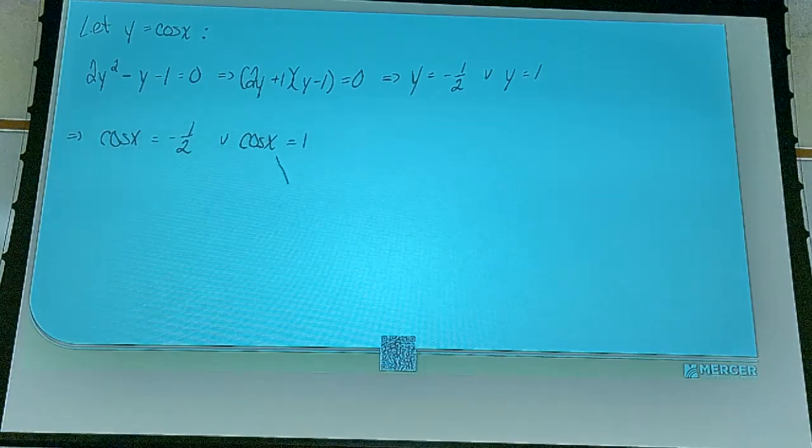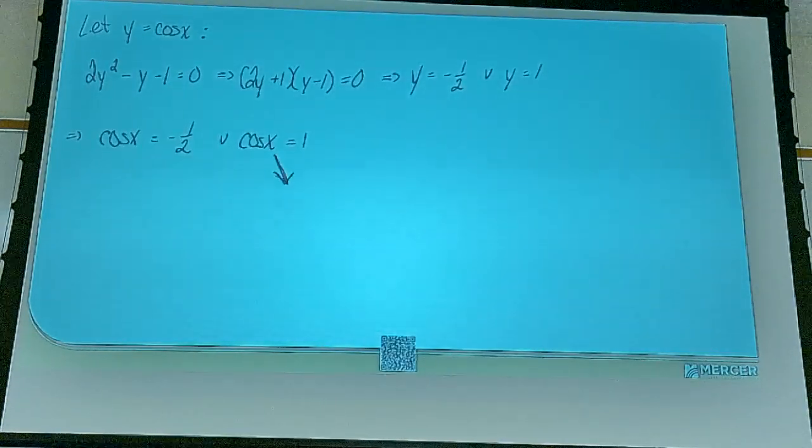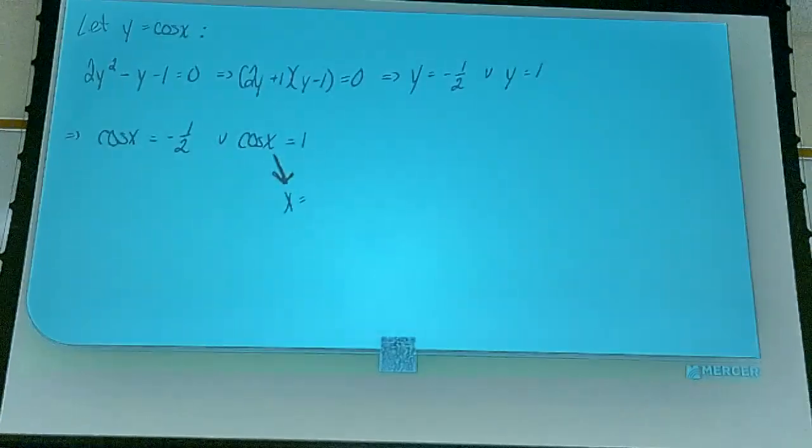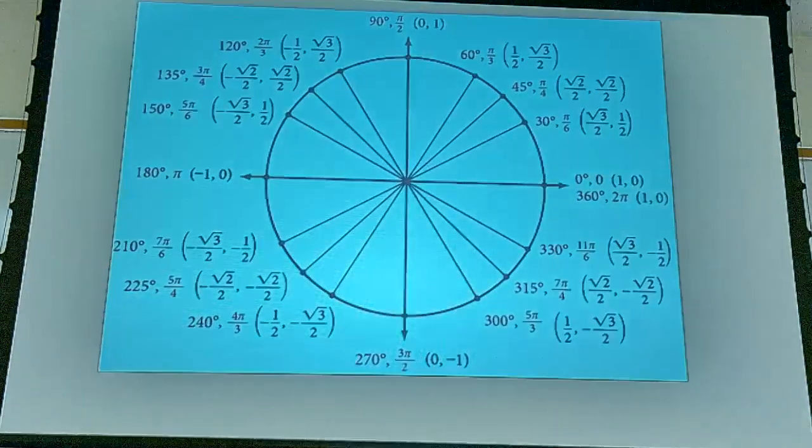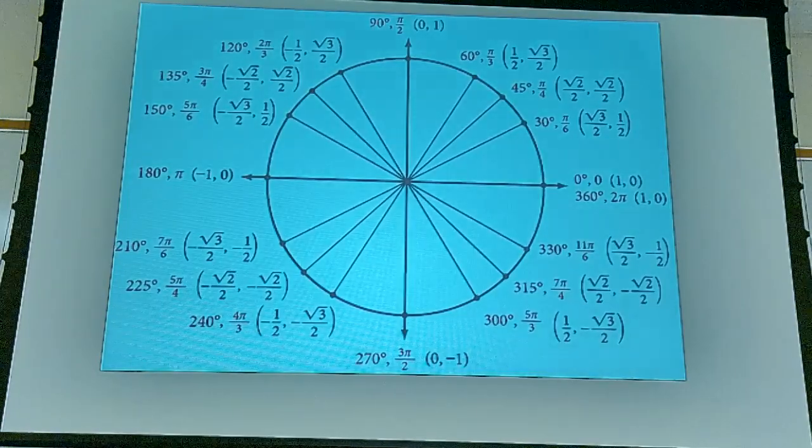Start with cosine x equaling 1, that's the easiest one. That's at 0. Right. Now, where's cosine of x negative 1/2?